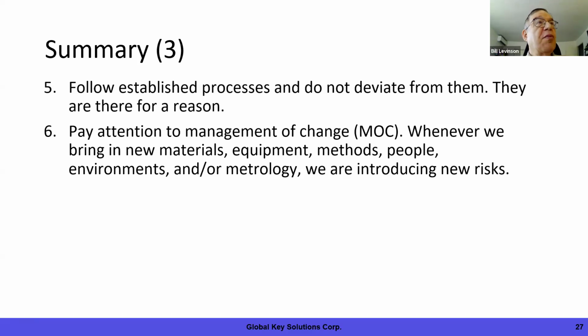Whenever we introduce new materials, equipment, methods, people, environments, or metrology, we're introducing new risks. And whenever you deviate from a process, you're doing at least one of those things. You're not using the standard materials, equipments, methods, and so on. So that's another reason to not deviate from established processes. Okay, next slide.